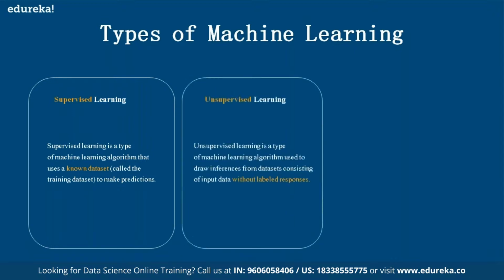So now, what is an unsupervised learning algorithm? When we have some data, you may or may not have clarity on the data, and you only have independent variables present in the data. That is what we call unsupervised learning algorithms. What do I mean? Let's say, for example, you're extracting some sensor information.